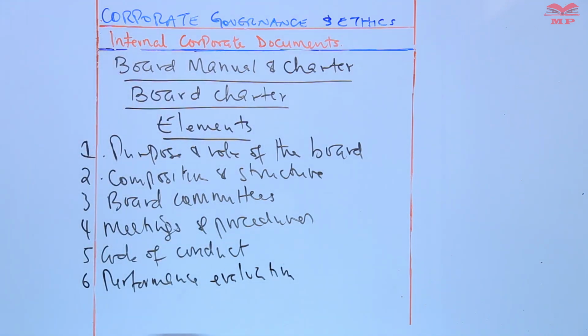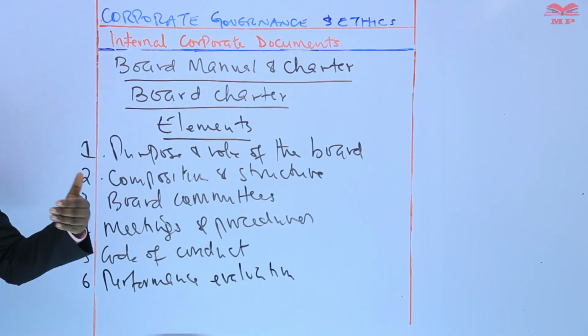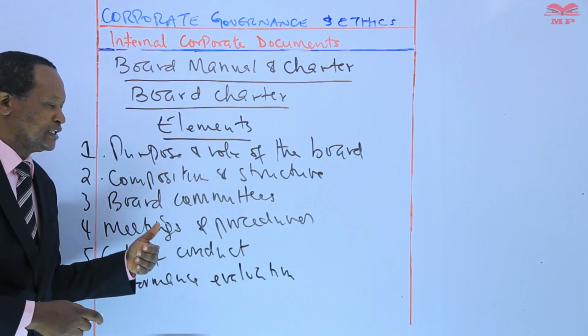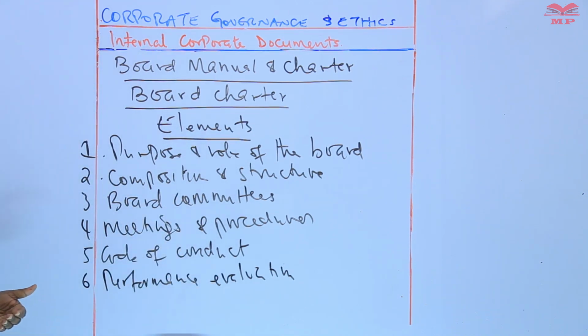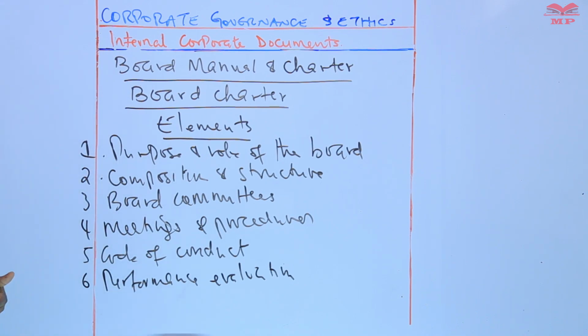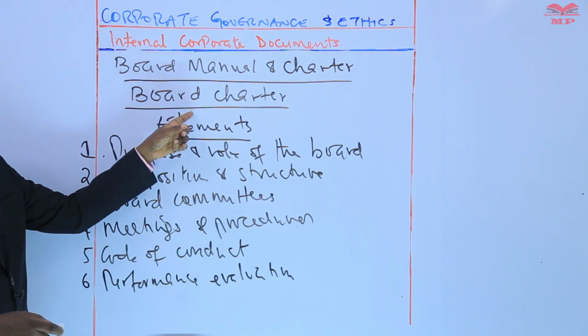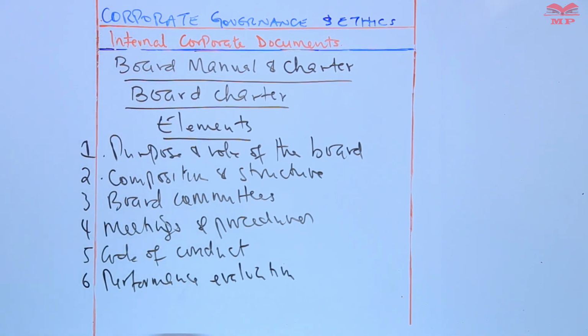A board charter details the process of evaluating the board's performance and the effectiveness of the board. The effectiveness and the performance of the board have to be evaluated, and the details of such evaluation have to be contained in a board charter.